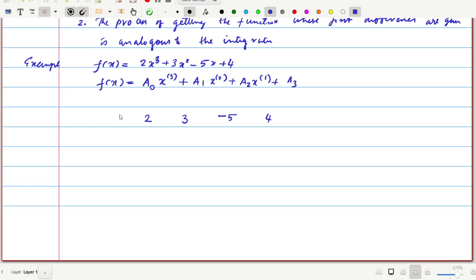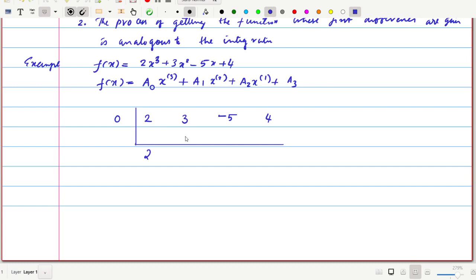Otherwise, you can use the synthetic type of division in order to divide this polynomial by x minus 0. We write 0 here, and we use synthetic division. So we place 2 here and consider the multiple of 0 and 2.